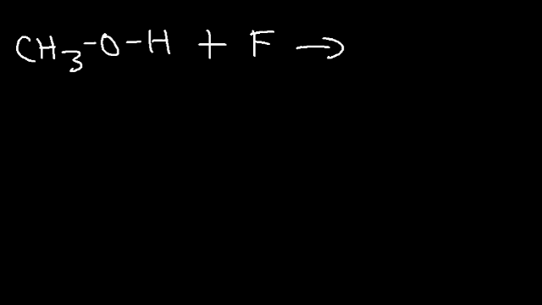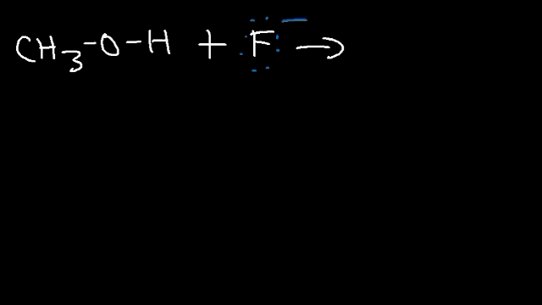Now sometimes you might be given a reaction and you need to determine if the reaction will work in the way that is written. So which one is going to act as the acid and which one is going to behave as the base?